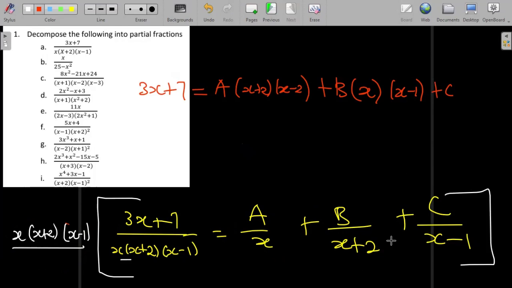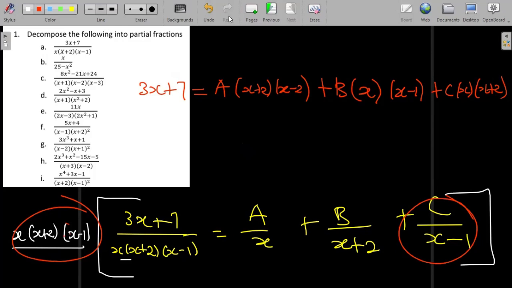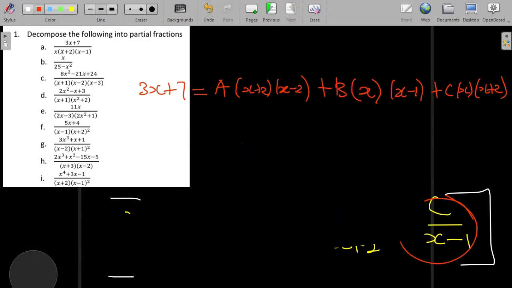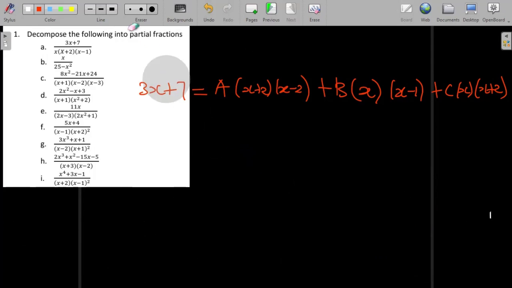Then plus C. If I multiply this with this, the x minus 1 will cancel, so I remain with x and then x plus 2. So this is now the equation that I have.